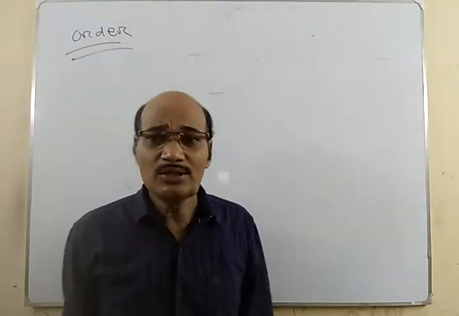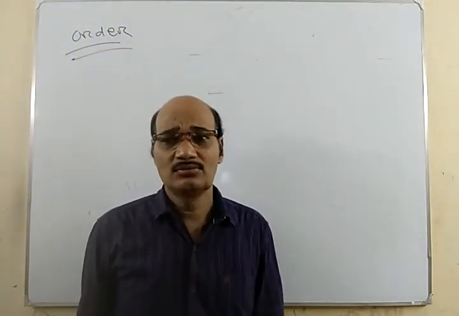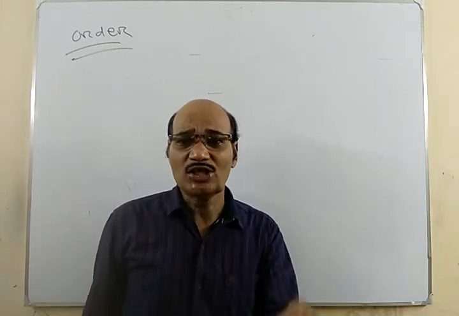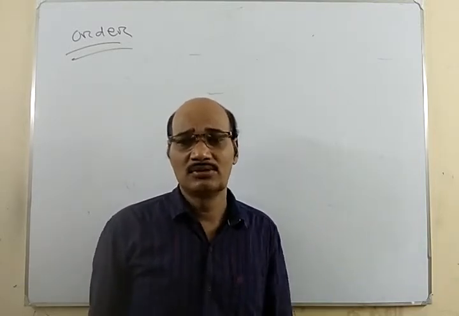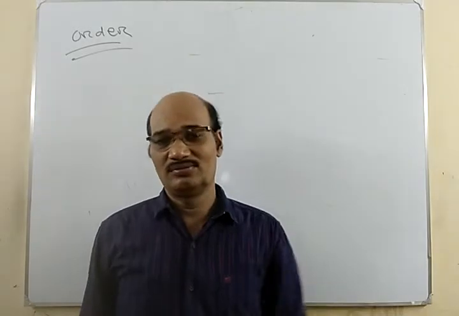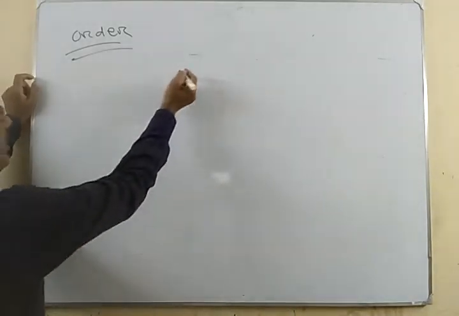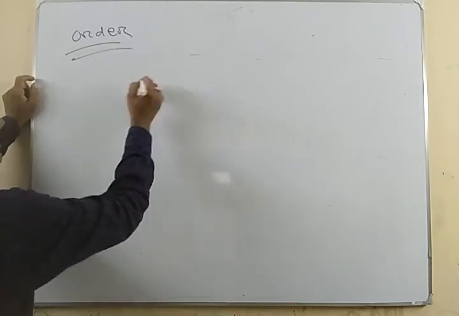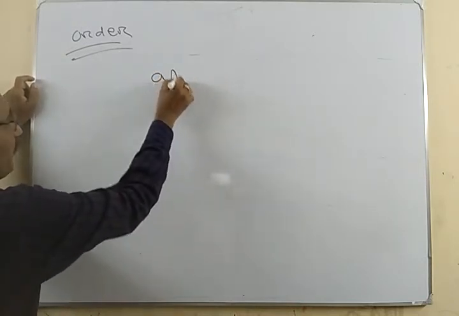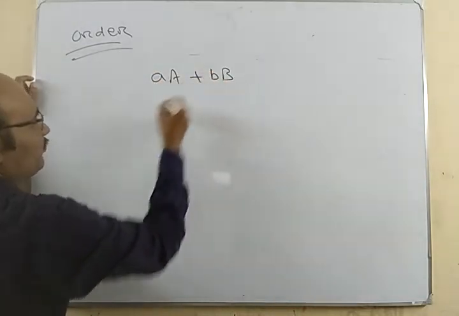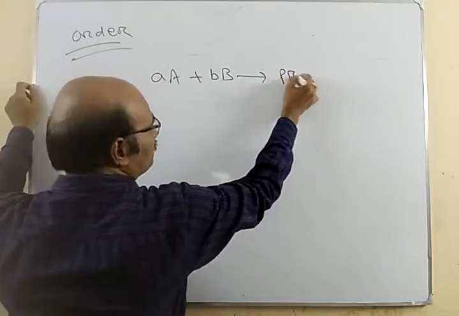So what is the order? Order of reaction is the sum of the exponents to which the reacting terms are raised in the rate law. Okay, so for example, if I take a mole of A plus b mole of B giving the product.